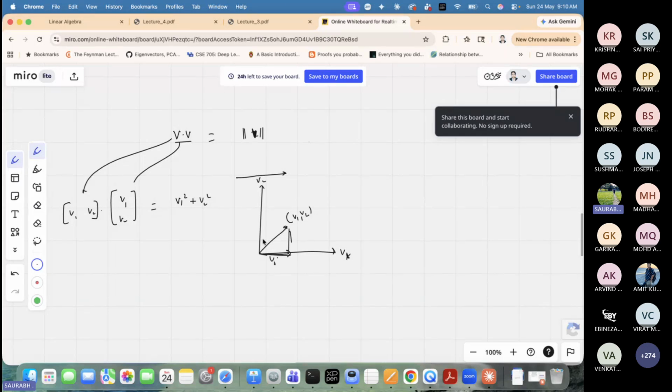From the right angle triangle, or the Pythagoras theorem, v1 square plus v2 square is this hypotenuse. Now v dot v is nothing but v1 square plus v2 square, which is the hypotenuse here, right? Because this is v2, this is v1, and that's what you're looking into. So basically, dot product is nothing but a generalized version of Pythagoras. You just have to look into it from that perspective.